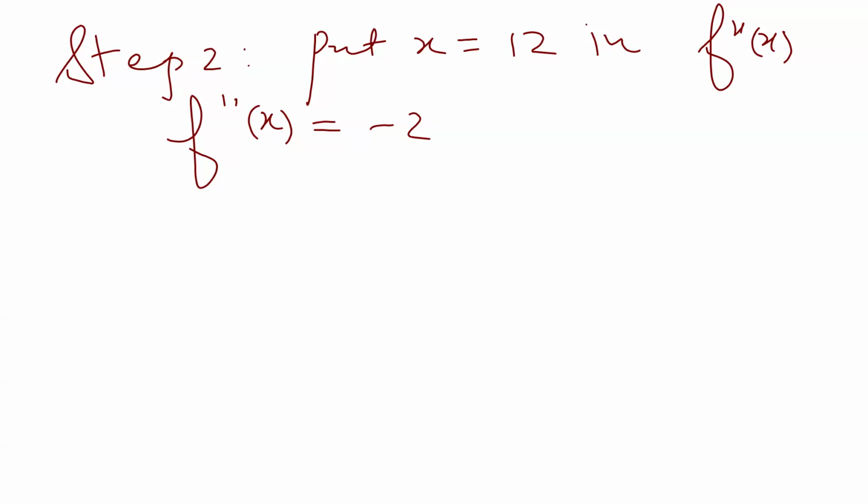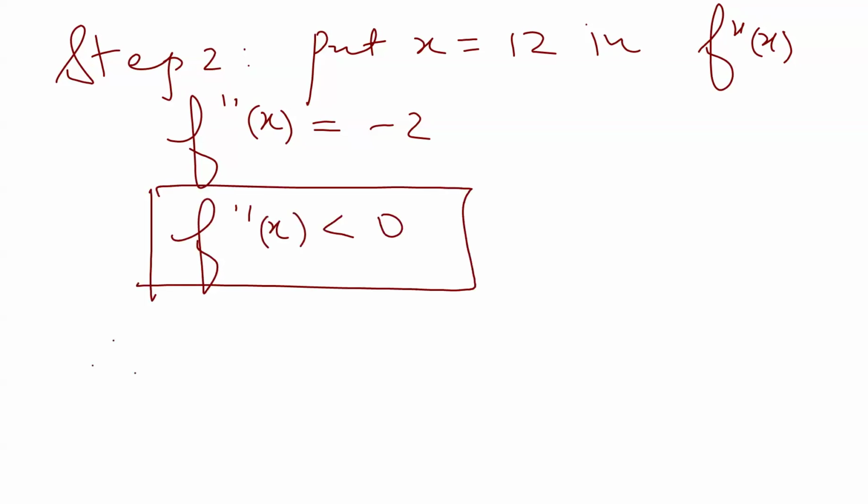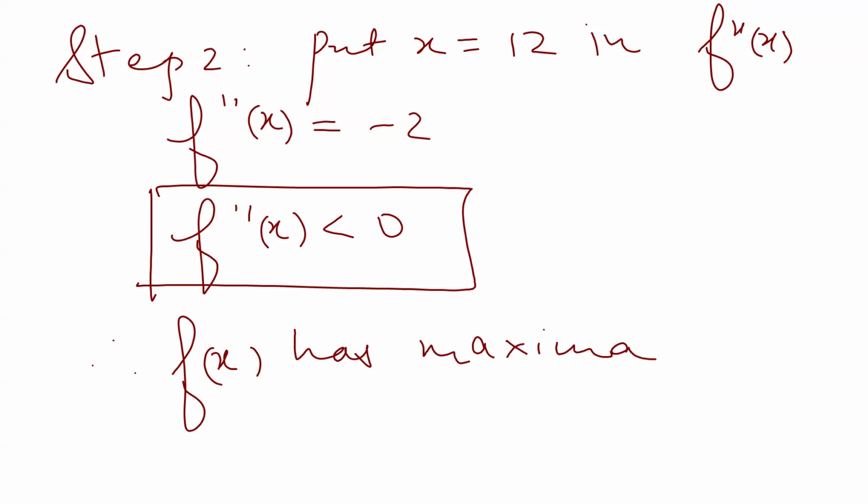So I'll comment f double dash x is less than 0. Since f double dash x is less than 0, f of x has maxima, or is maximum. At which point? You should always write this. At x equal to 12.